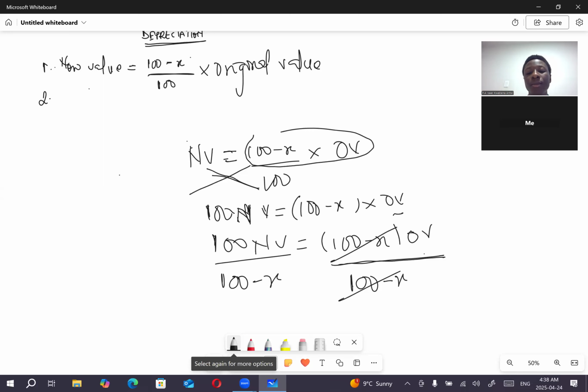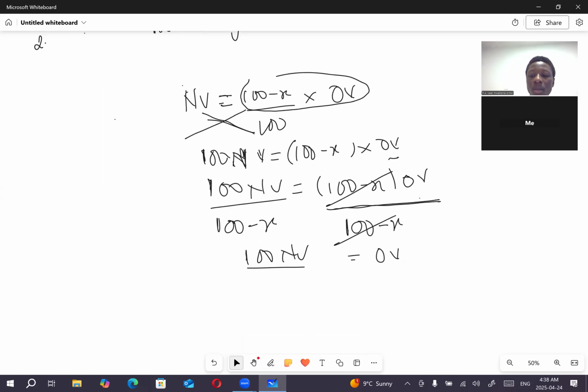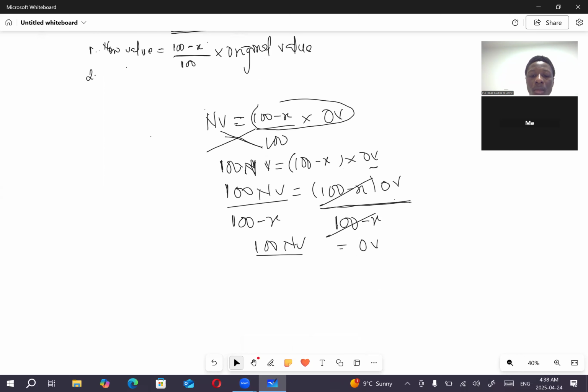All right. Now that this part canceled out, you already have OV in there, right? OV equals 100 NV all over 100 minus x. So check the formula I gave you yesterday. It's the same thing. Now we can rewrite this properly.